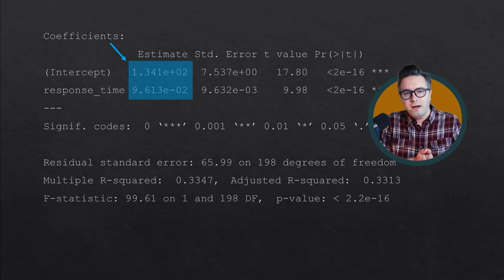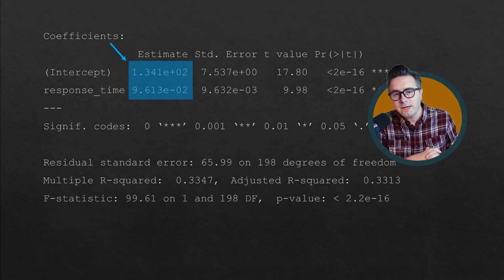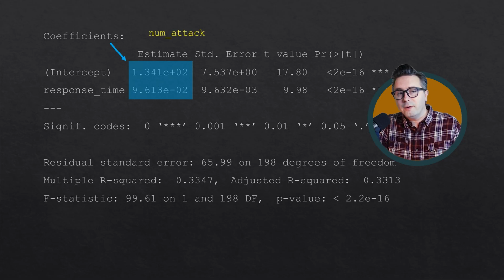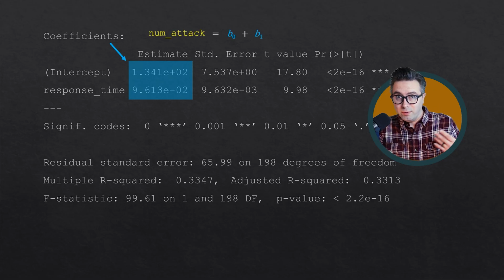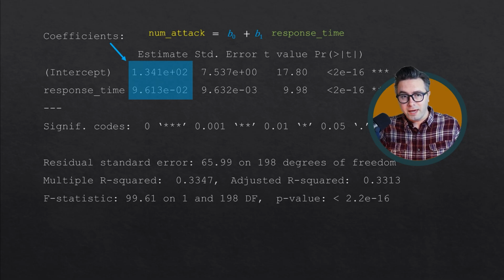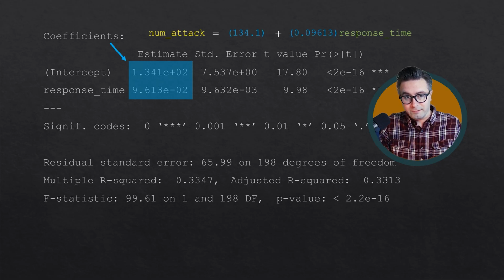The next two columns next to it, all the other columns, we're not really going to use too much, not directly at least. Those coefficients are what we're going to need. If we're trying to create our model for predicting the number of attacks, we can use those two coefficients and it would fit in like this.